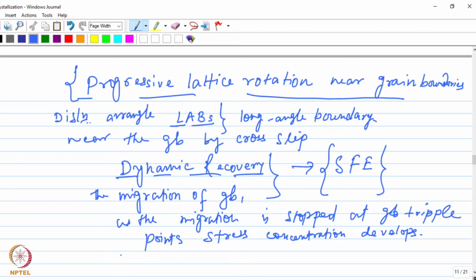And as a result of that, grain boundary serrations develop, driven by the stored energy difference across the boundaries.